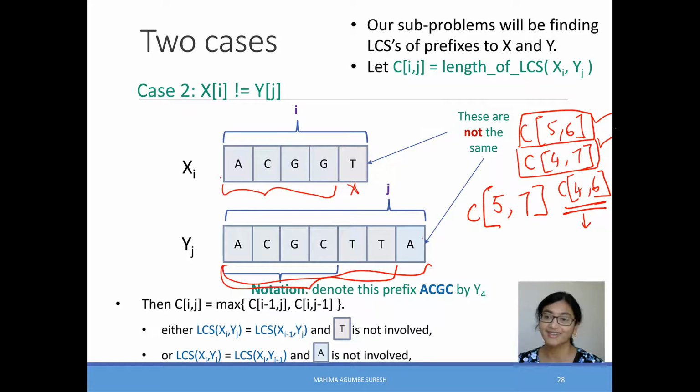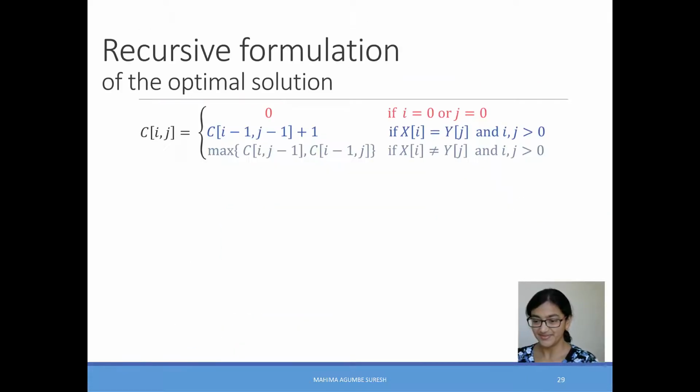Which one should we pick? The one that is the maximum, obviously, because we are interested in the longest common subsequence. So essentially we are looking at the longest common subsequence that you got if you didn't have t, or if you didn't have a. And that's pretty much it to actually expand into this solution. That seems pretty intuitive. It's not at all intimidating at this point.